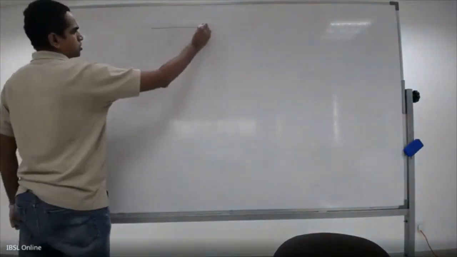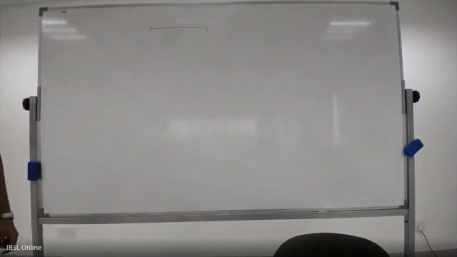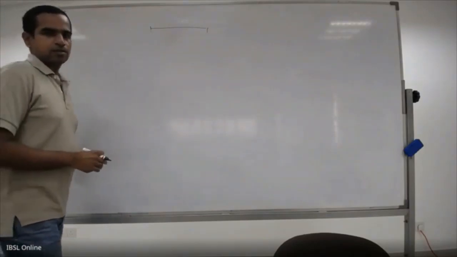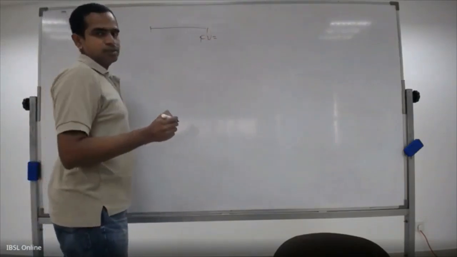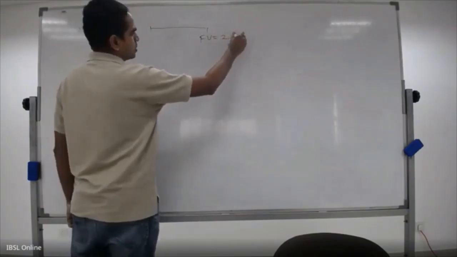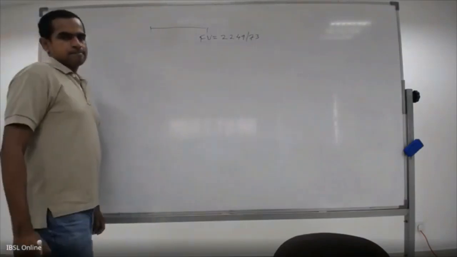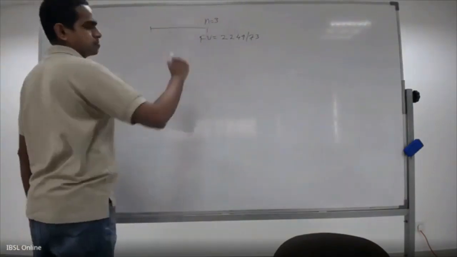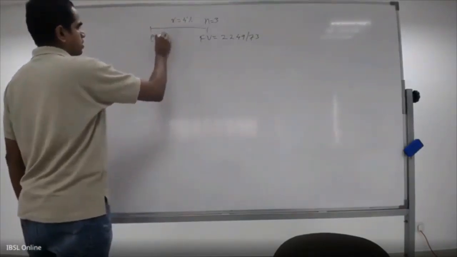It's always good to draw whatever is there in the question and have a visual picture. Then you will be able to visualize things better. So the future value is what you get in 3 years, 2,249.73. The time period is 3. Interest rate 4%. You are asked to calculate present value.